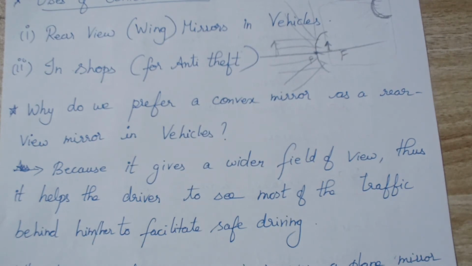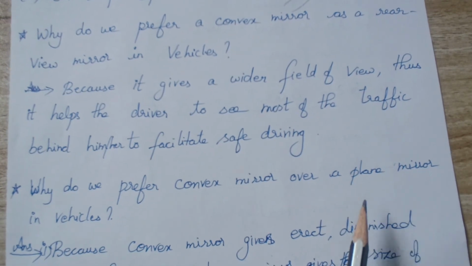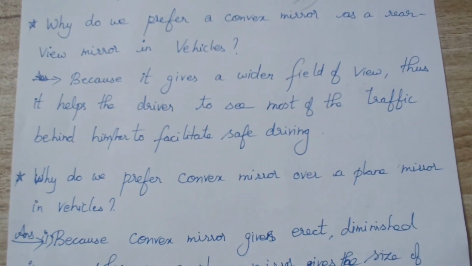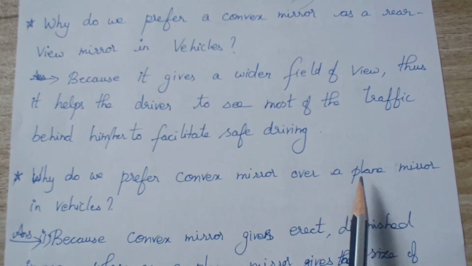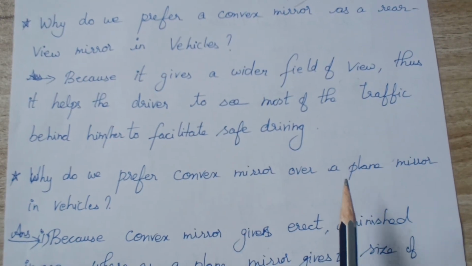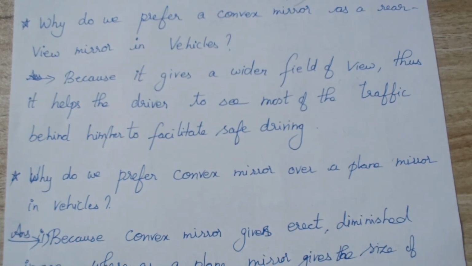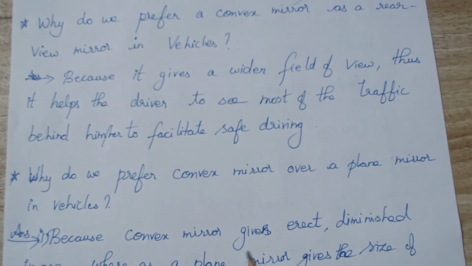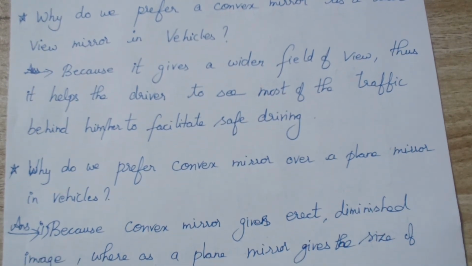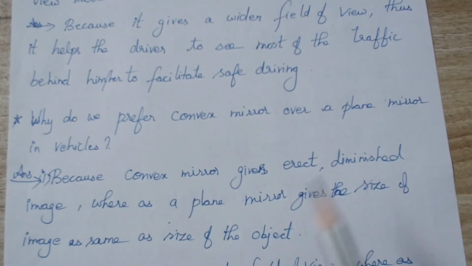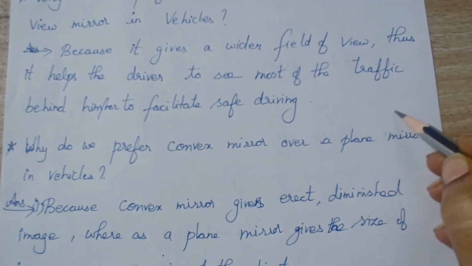Clear? So why do we prefer a convex mirror over a plane mirror in a vehicle? For this purpose, we can use the plane mirror also, right? But you know how the image is formed in the plane mirror. It will give the exact size of the object, so it will cover only a few parts of the vehicle.